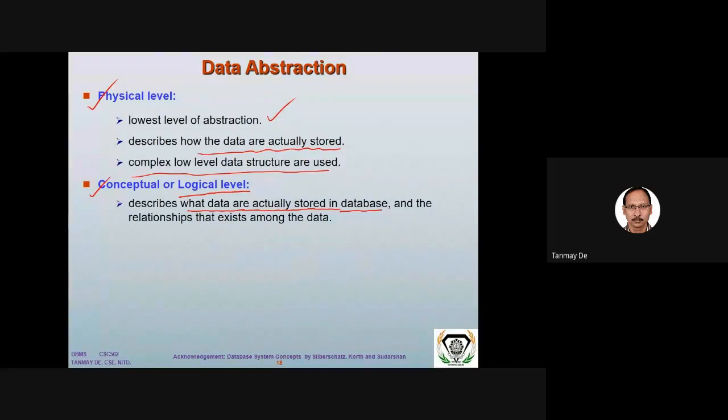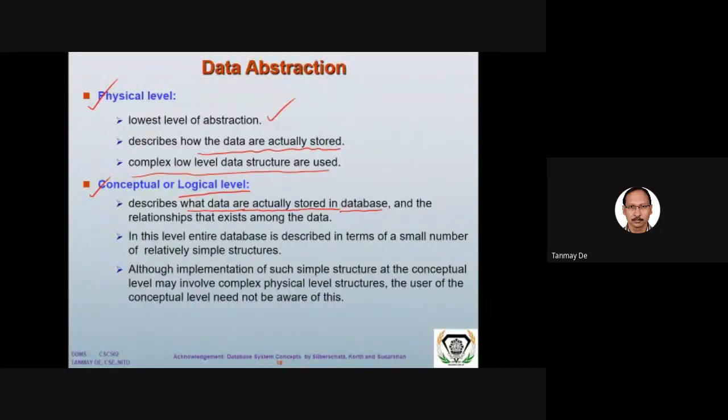How the data is stored mainly concerns the physical level; what data is stored is described by the conceptual or logical level. Suppose some data is related to customer, and some data is related to account and balance. How do we relate these different types of information? Of course, a customer has an account, right? So these two different types of data need to be related, and that is described in the logical level.